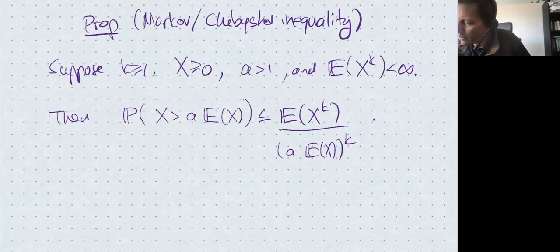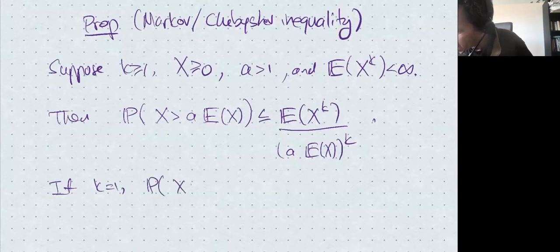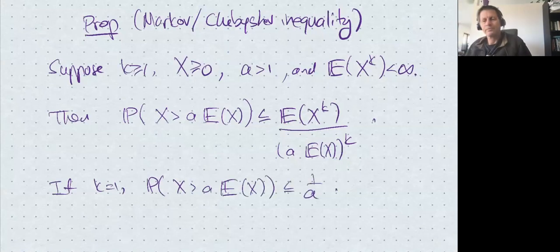If k equals 1, both this term and this term are the expectation of x, and so let's write that as a special case. We get this.